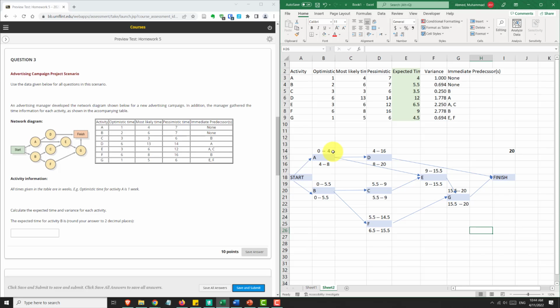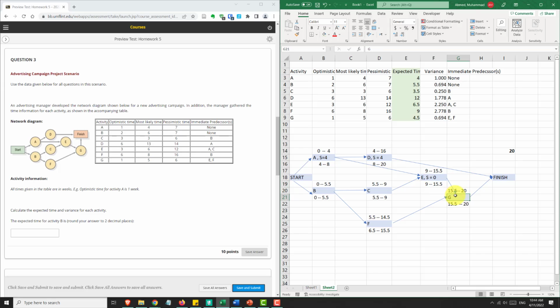Okay. And so now we can compute slack. Slack is late finish minus early finish. Or you can also do late start minus early start. It's going to give you the same difference. So the slack for A is 8 minus 4, which is a slack of 4. The slack for D is also 4 because 20 minus 16 is 4. The slack for E is 0 because 15.5 minus 15.5 is 0.